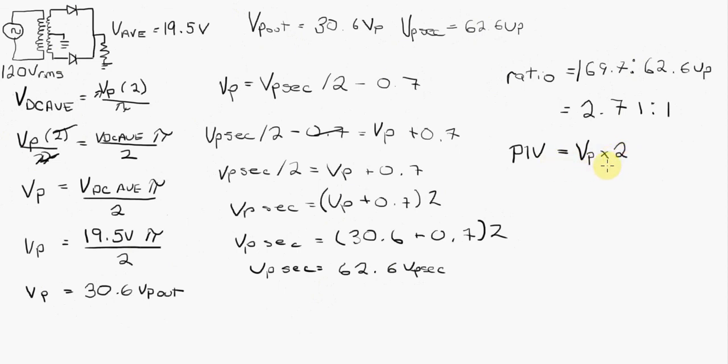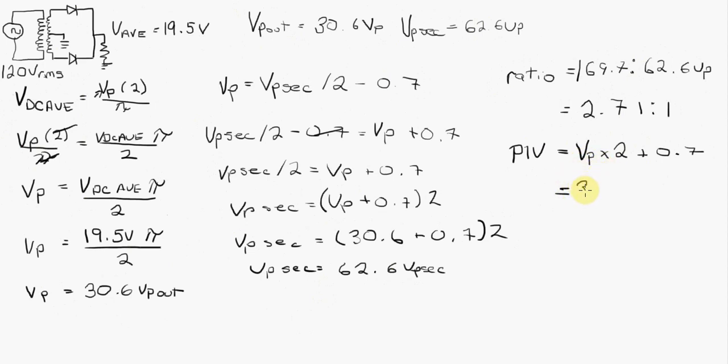The idea was that we're now doubling that. But remember, this voltage was 0.7 smaller than the secondary. So in order to make it work, we have to add back in one of the two diodes, because one's forward biased; there's only one in the circuit when we're calculating peak inverse voltage. This would tell us what size of diode we need.